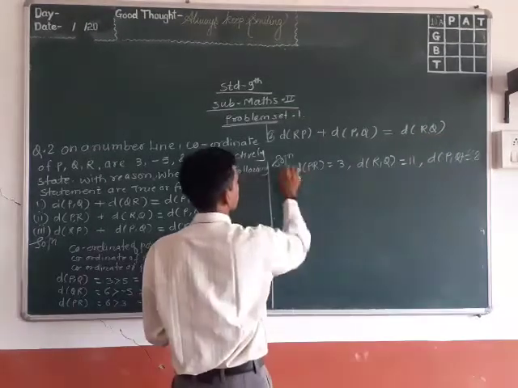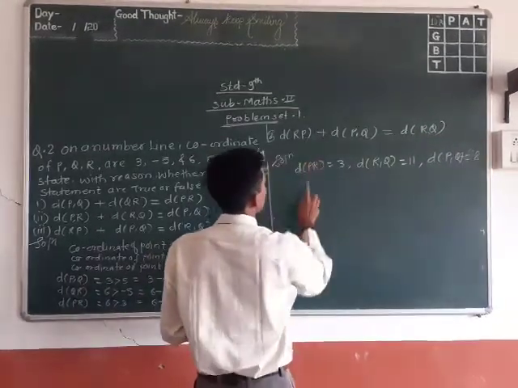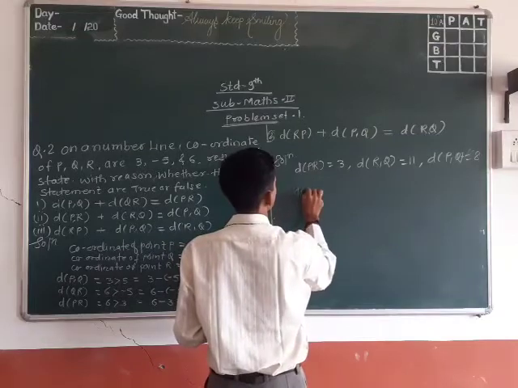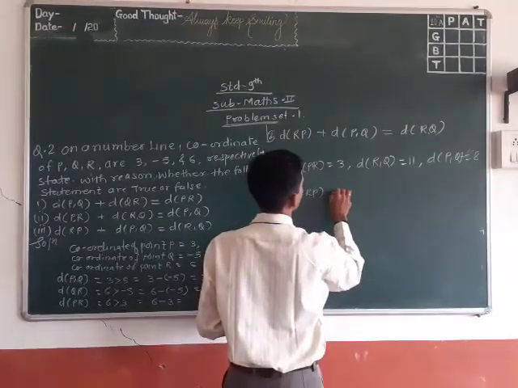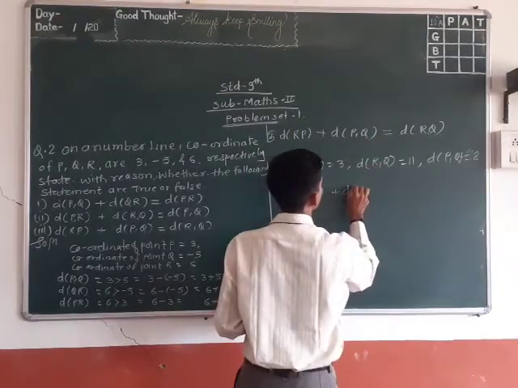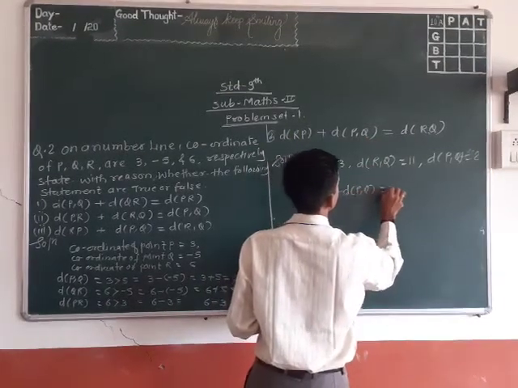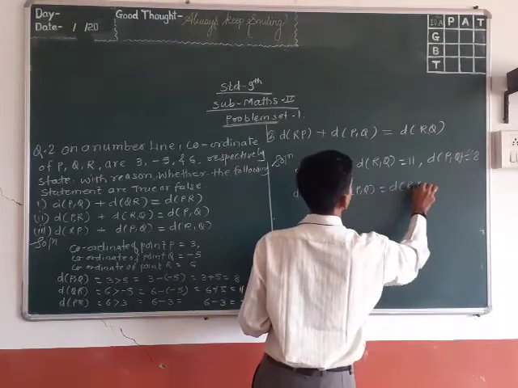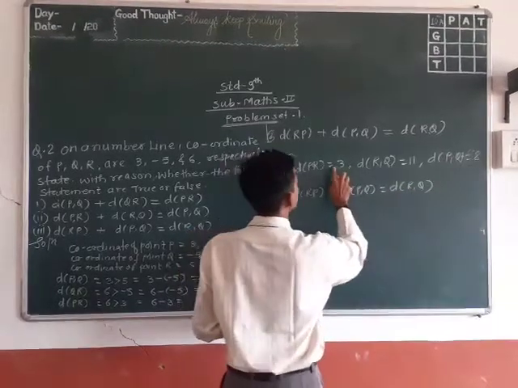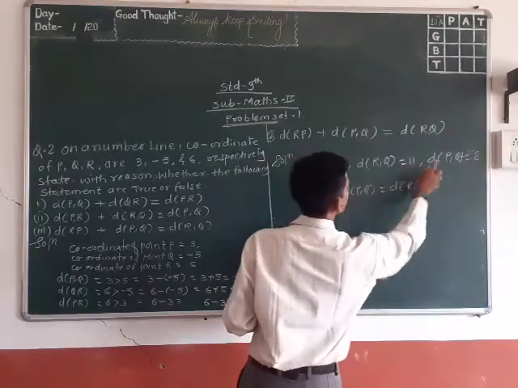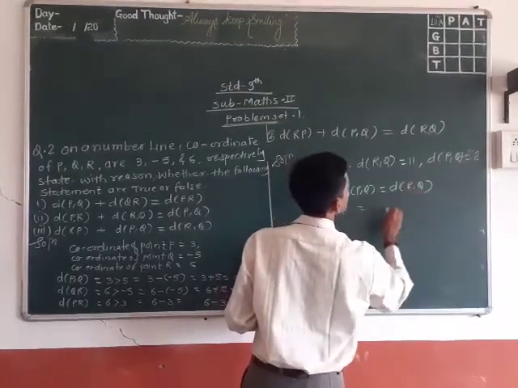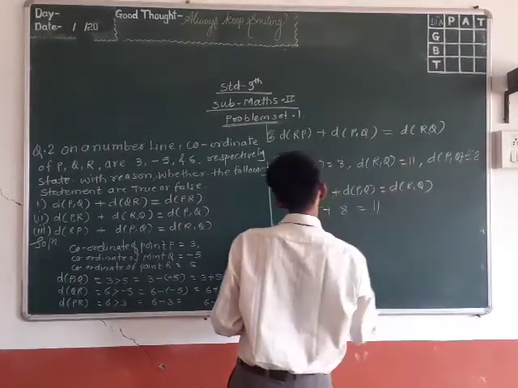Substituting values, distance RP is 3, distance PQ is 8, and distance RQ is 11. So 3 plus 8 is equal to 11.